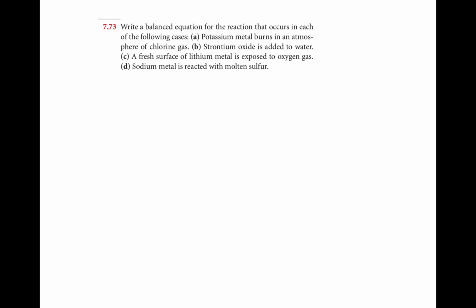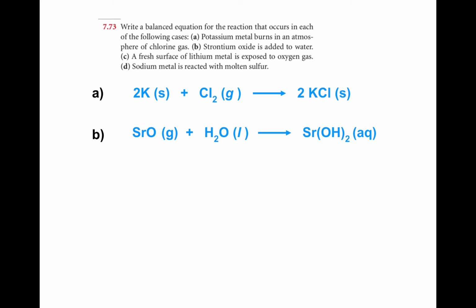Write the balanced equation for the reaction that occurs in each of the following cases. Potassium burns in an atmosphere of chlorine gas. All right, so redox reaction, right? Two elements coming together to form potassium chloride. B, strontium oxide added to water. A metal oxide will make a hydroxide.